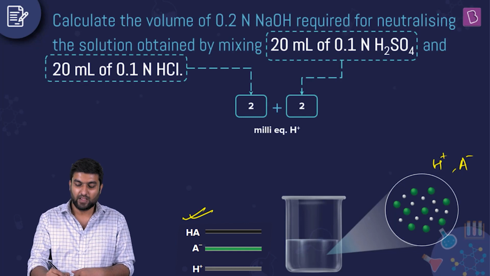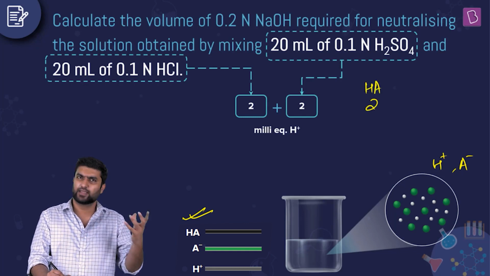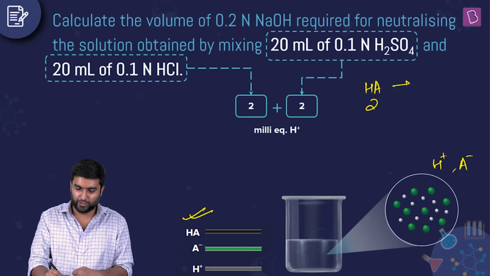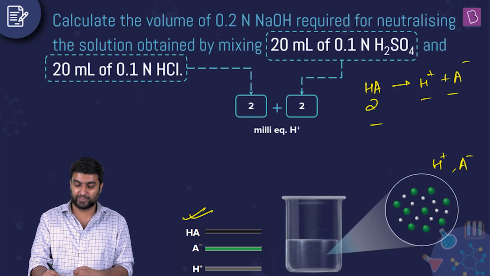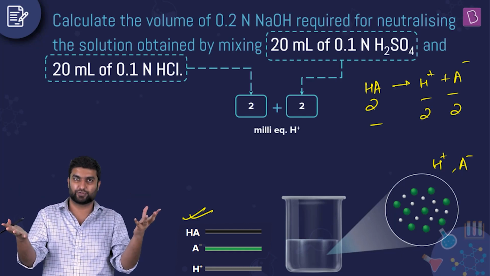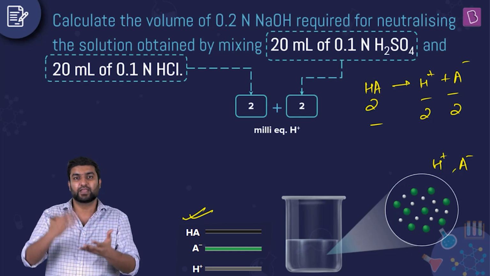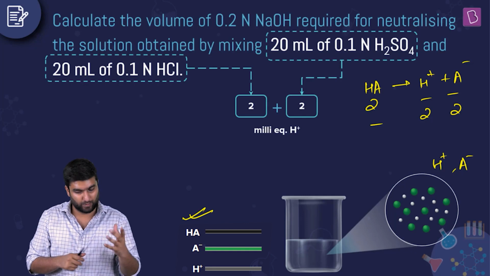What I mean is that if you take 2 moles of a strong acid like HCl, you're going to get 2 moles of H plus and 2 moles of Cl minus. Complete dissociation. Complete breaking of HA into H plus and A minus. All right, cool.